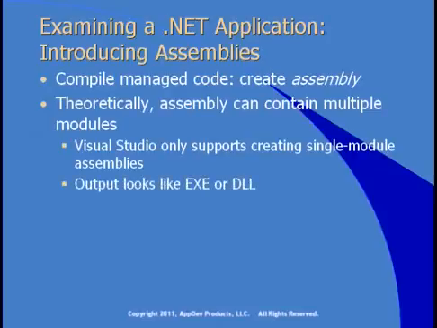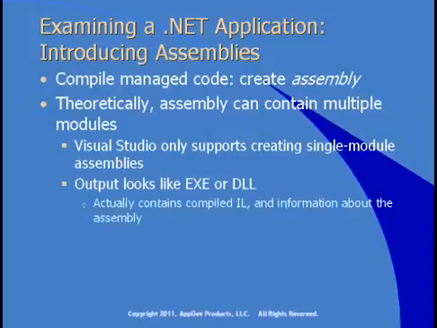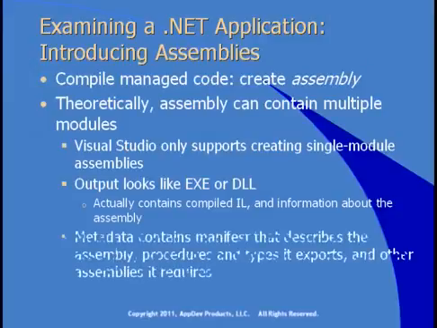The output is either an exe or a DLL, just like any other environment, and these contain compiled IL and information about the assembly. That information is called metadata, and that contains a manifest that describes the assembly, procedures and types it exports, and other assemblies it requires. In a moment, we'll look at a manifest and see what's actually in there.